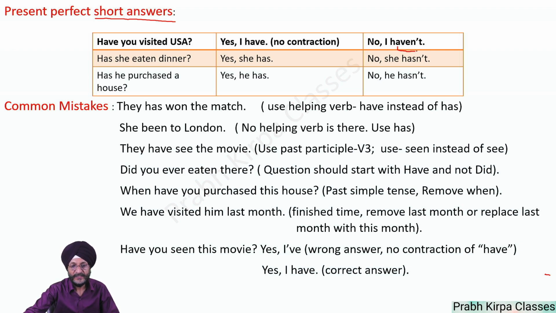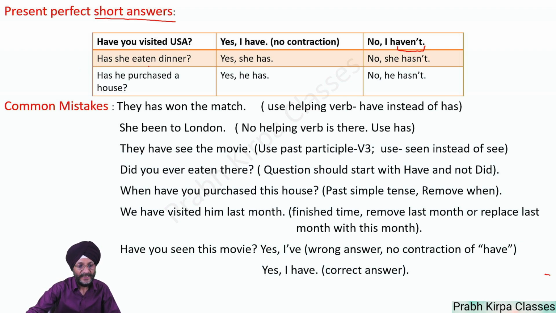You will see that there is contraction. So whenever in the case of present perfect you are to give a short answer, then in the case of positive answer, you will not use any contraction. However, in the case of negative sentence, you can use contraction.